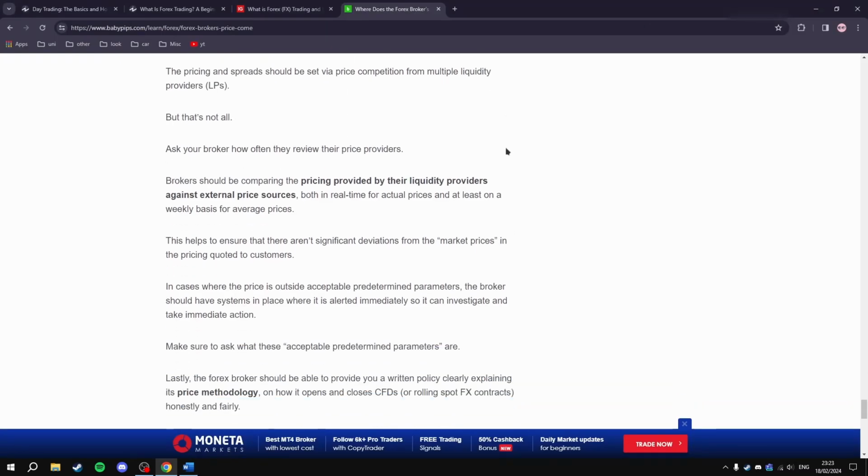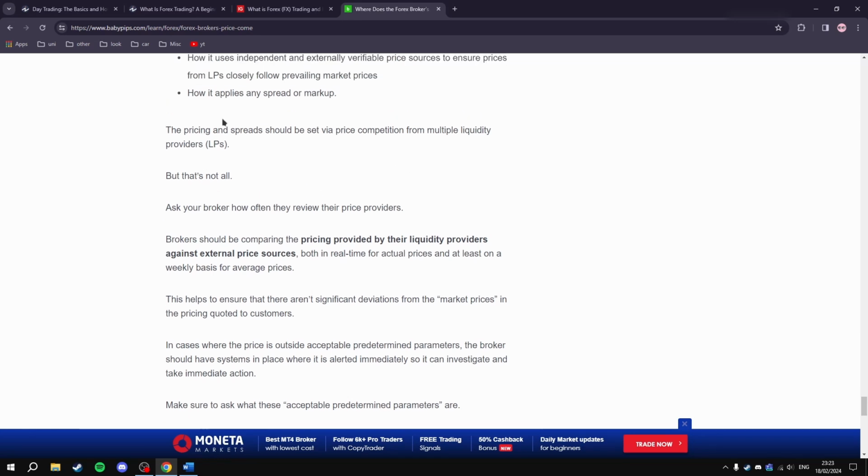The pricing and spread should be set via price competition between multiple liquidity providers.